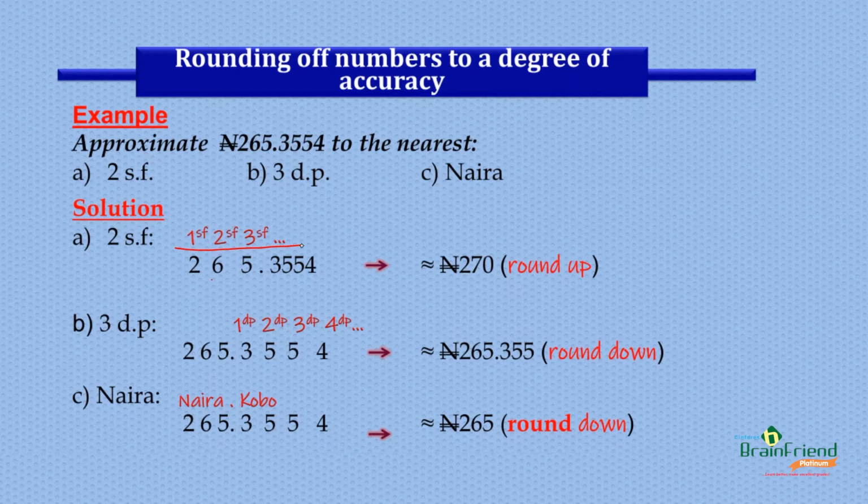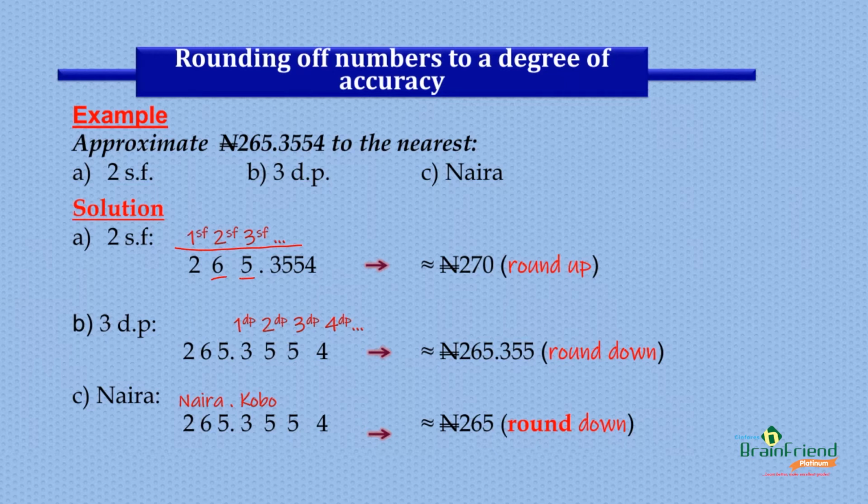Now, 6 here is our target because we are expected to round off to 2 significant figures, and 6 happens to be under our second significant figure.